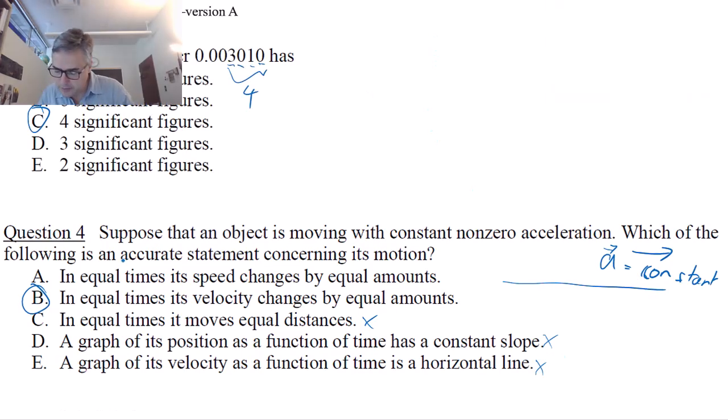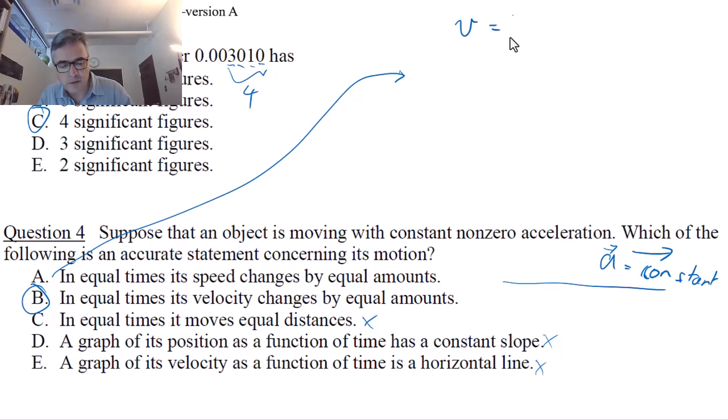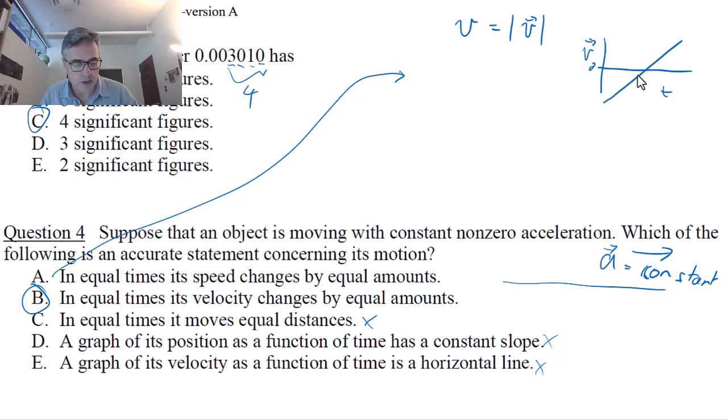And the only other thing I would say if you answered question A is remember that the speed v is equal to the absolute value of the velocity. So if you had, for example, this velocity versus time, it starts off negative and goes positive, the velocity changes by equal amounts in equal times.